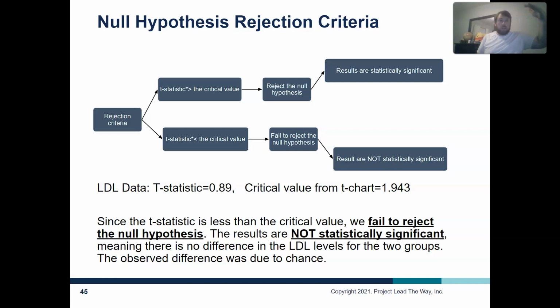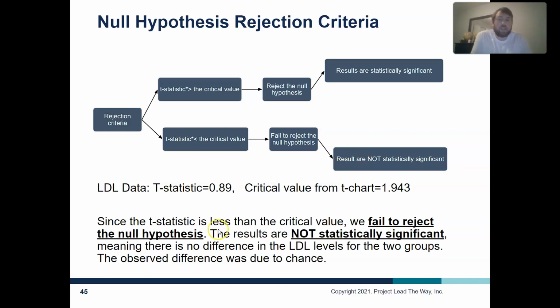And the only way to do that is if the variance is smaller, because that's what the t-statistic is calculated based on.